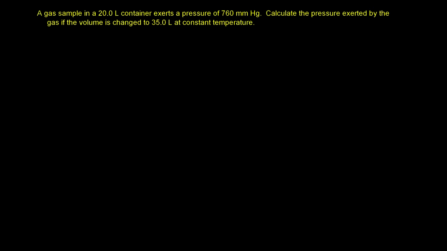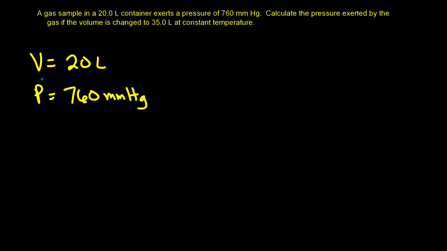Alright, next problem. A gas sample in a 20-liter container exerts a pressure of 760 millimeters mercury. So I got a volume and a pressure. My volume is 20 liters. My pressure is 760 millimeters mercury.